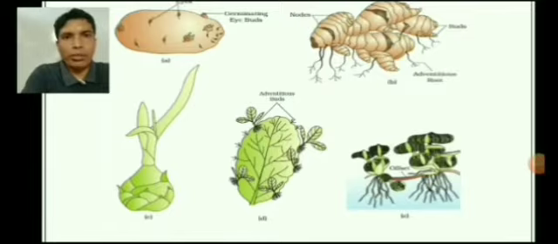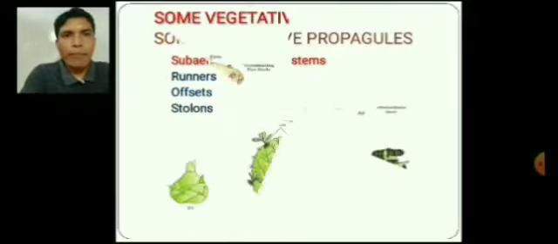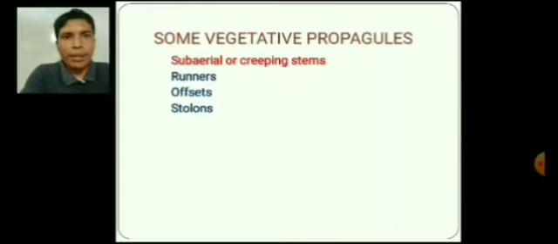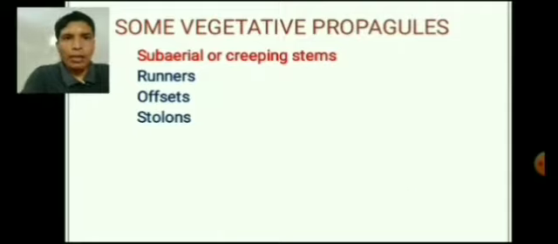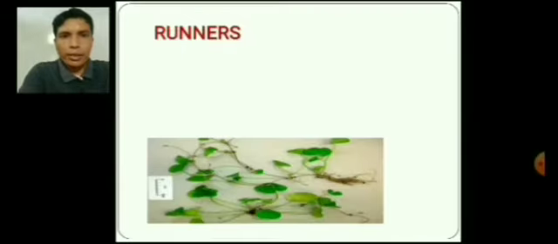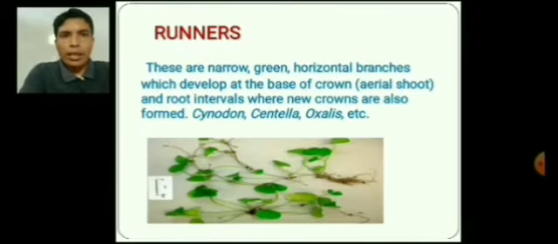Now let us try to know a little more about them. Now we have subaerial or creeping stems. Runners, offsets, and stolons are some examples of subaerial or creeping stems. What are runners? Runners are narrow green horizontal branches which develop at the base of the crown at root intervals, where new crowns are also formed.